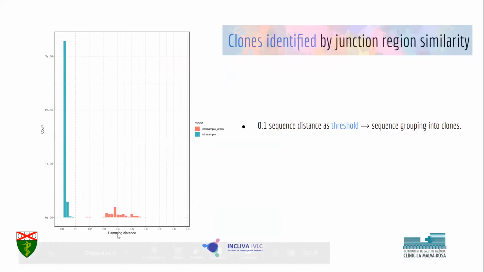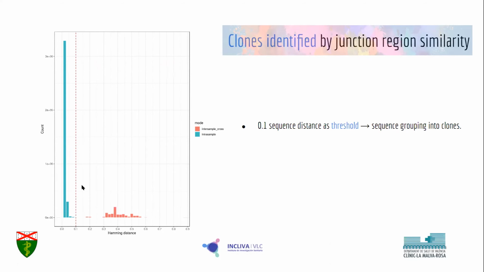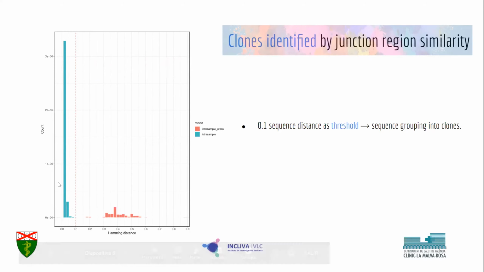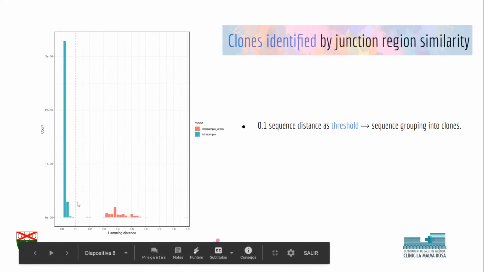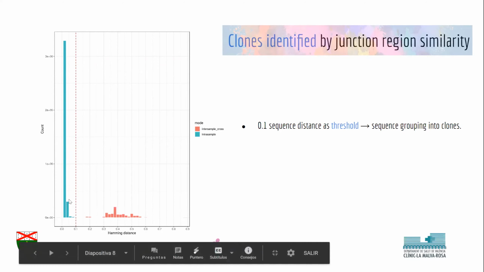As we can see here, we obtain a profile that is different to other determinations, because we can see that it's really clonal here, and we have a lot of sequences that share a lot of identity. This threshold is what we define to differentiate what is clonally related and what is not clonally related.